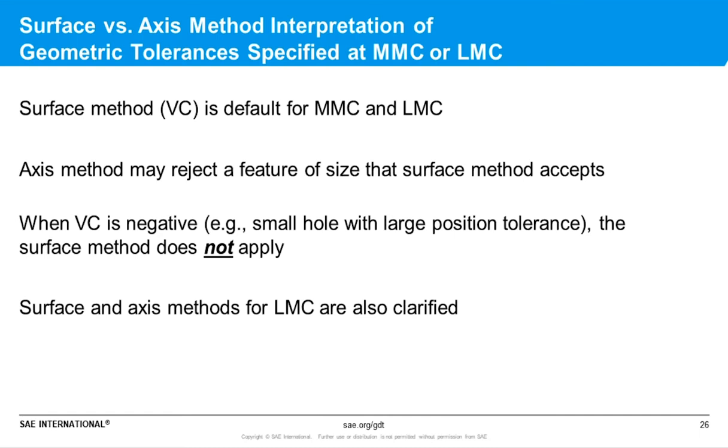So it's further emphasizing that boundary interpretation is the preferred interpretation and takes priority over that axis interpretation if there's a discrepancy in part acceptance there.